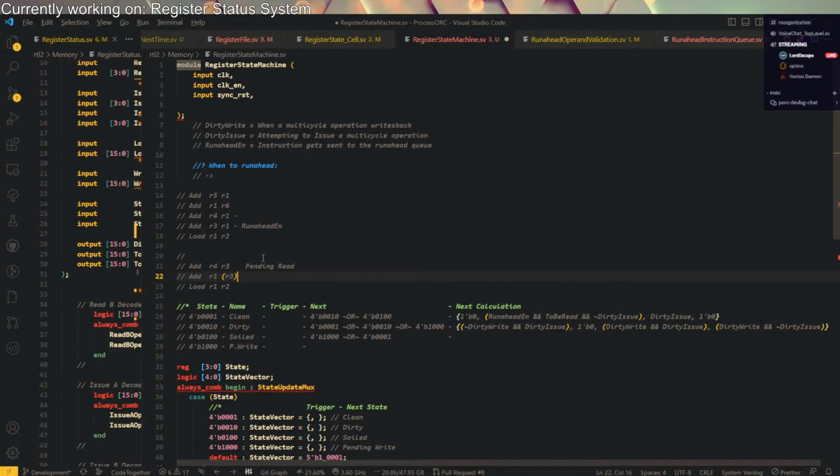So when the soiled bit needs to be cleared, pending write can go either just soiled or clean.